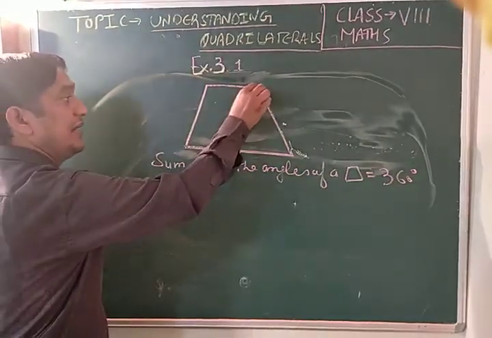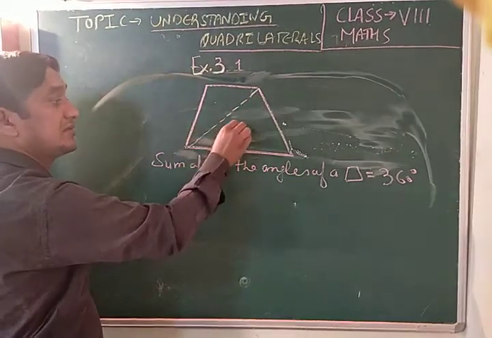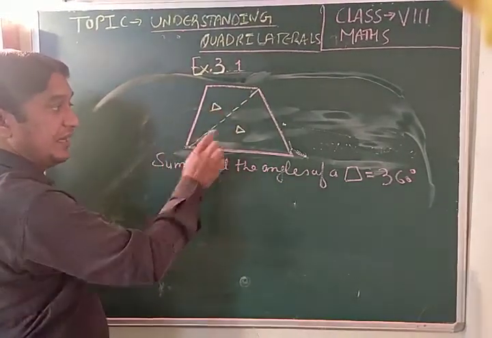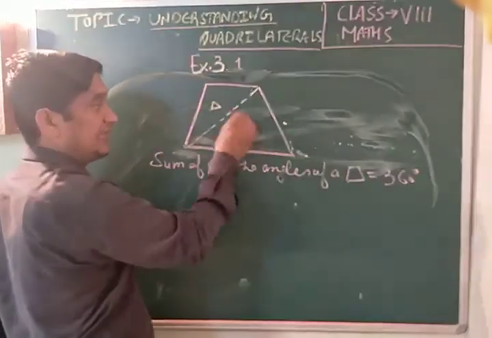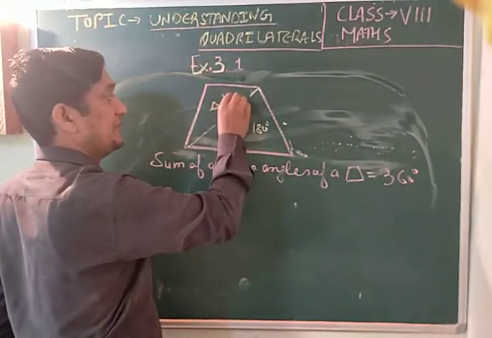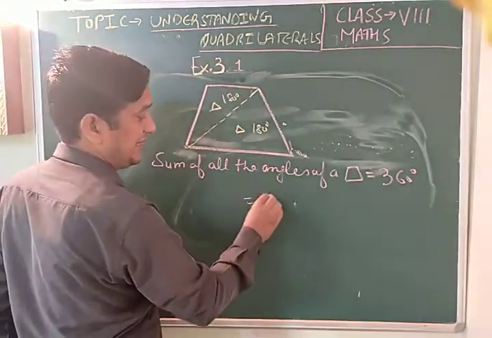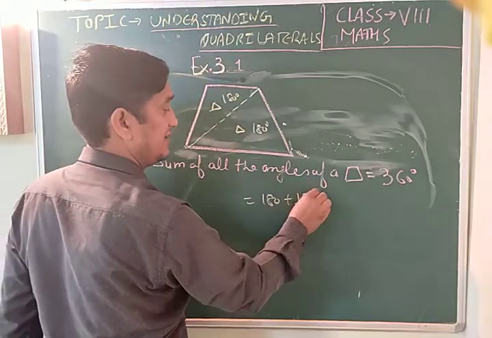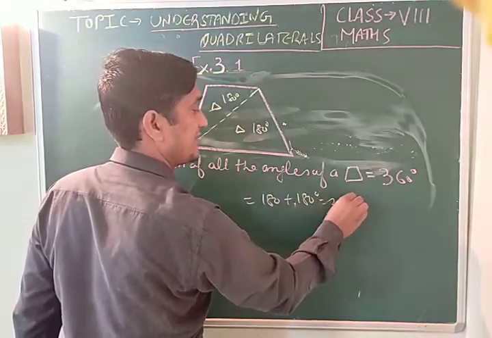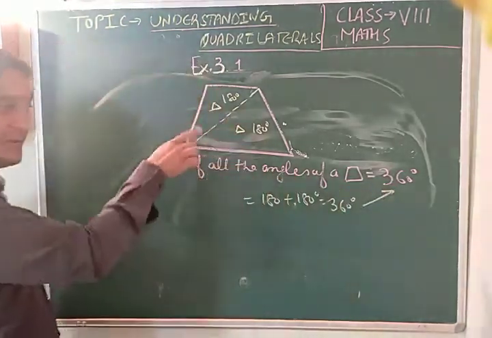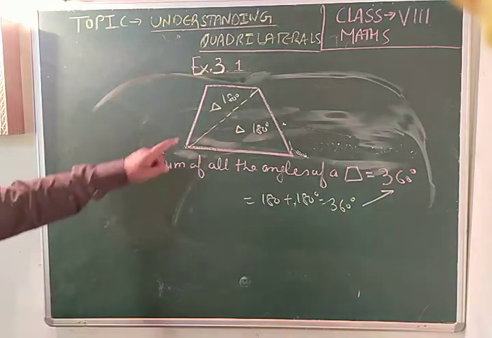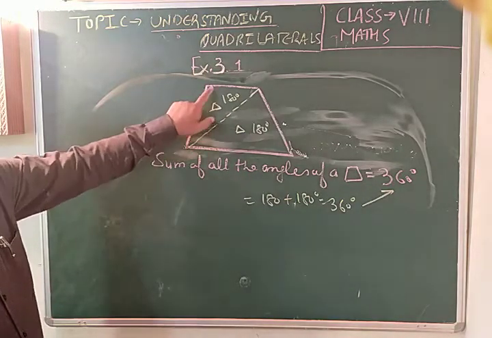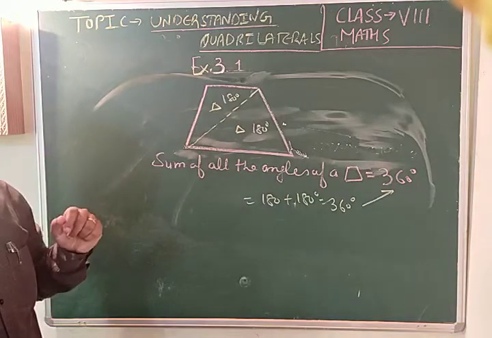If I divide this into triangles, this is a triangle, this is also a triangle, and the sum of all the angles of a triangle is what? 180 degrees, 180 degrees. Now it becomes 180 plus 180, that is 360 degrees. This is one of the ways of finding the sum of all the angles of a polygon.